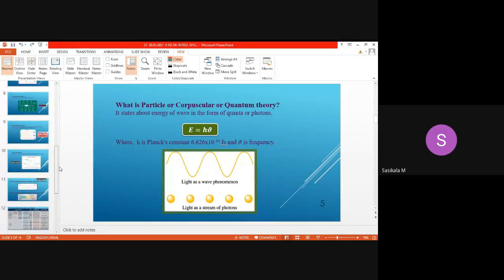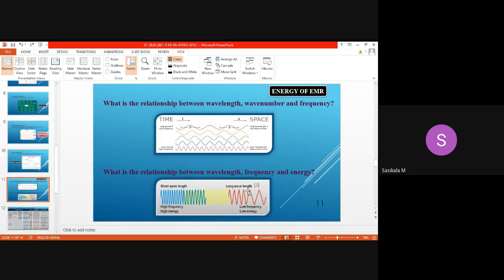Then what happens with wavelength? Inversely proportional. So wavelength is inversely proportional to frequency and energy, since high frequency shows high energy, where wavelength is less. Here wavelength is increased, which shows low frequency and low energy of radiation.